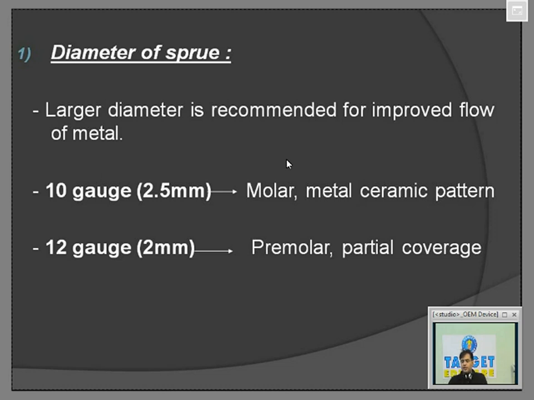So 10 gauge sprue has a diameter of 2.5 mm, while the 12 gauge sprue has a diameter of 2 mm. It's clear?